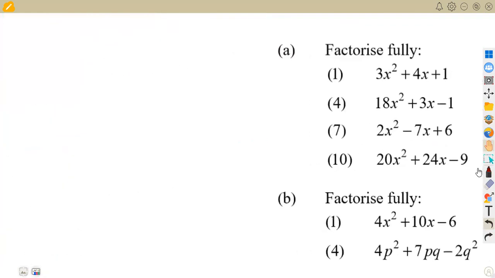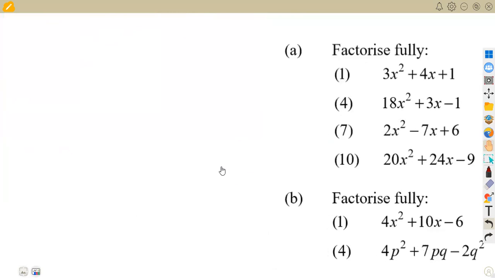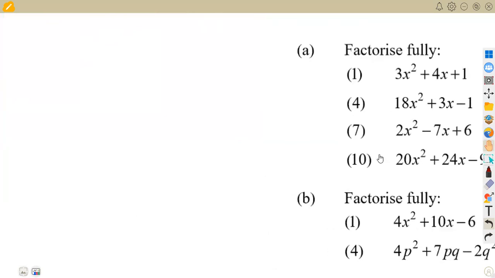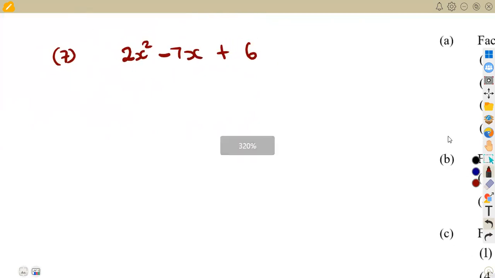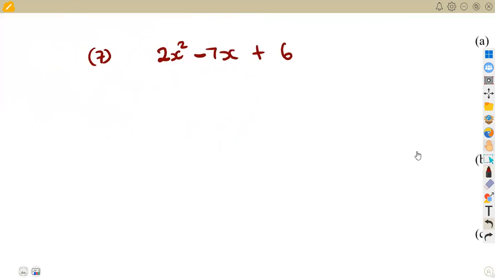All right. On question number 7, we are given 2x squared minus 7x plus 6. All right. So this is 2x squared minus 7x plus 6. So this one, we've got a lot of things to consider on this question. Like I said, the idea is not going to change.